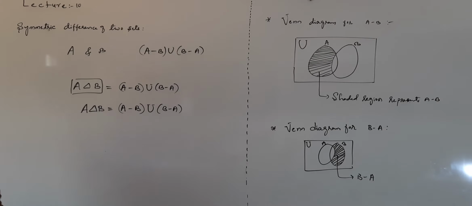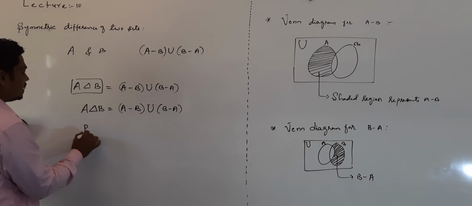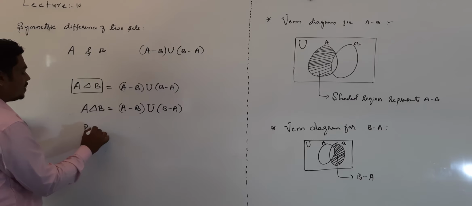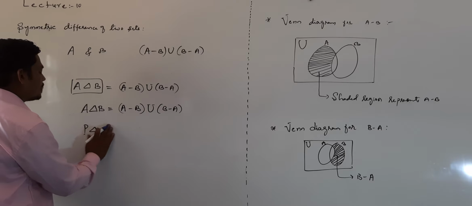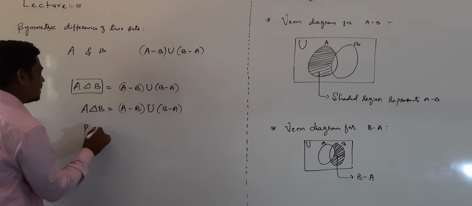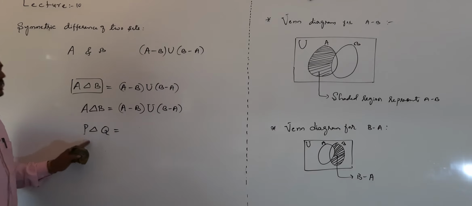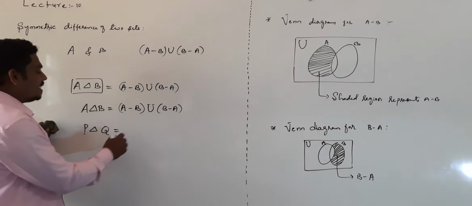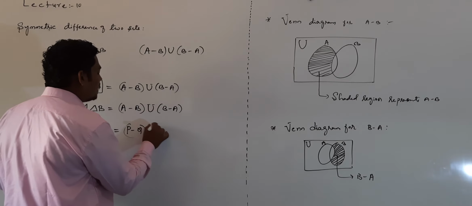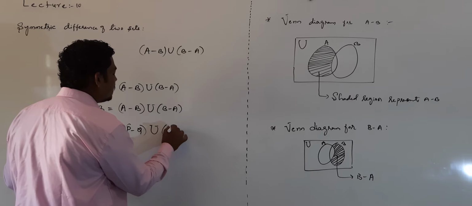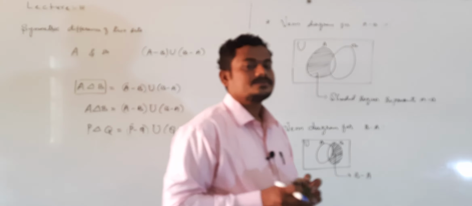If I take P and Q as two sets, then what is the symmetric difference of P and Q? Capital P and capital Q. The symmetric difference of P and Q means P minus Q union Q minus P. Symmetric difference is also one set.